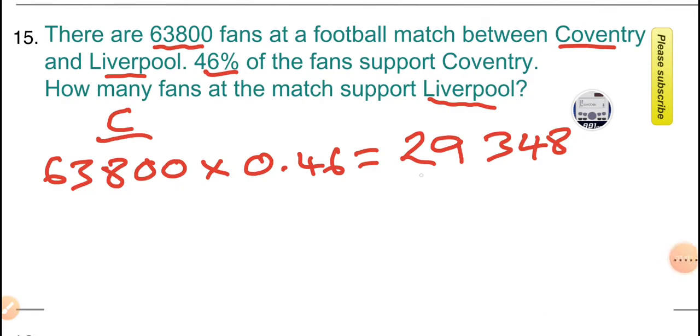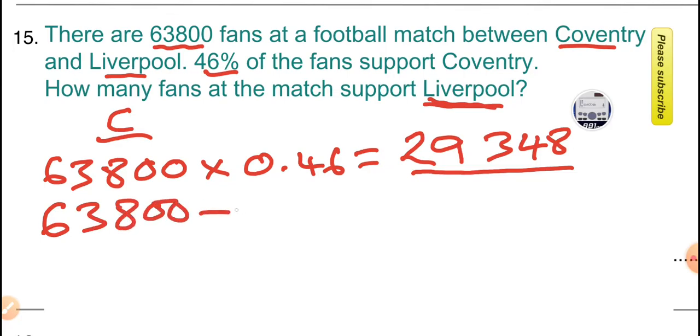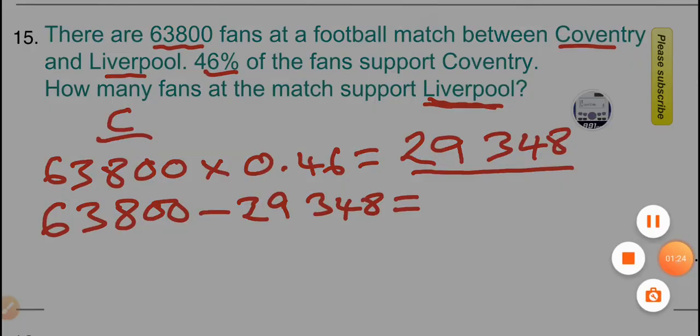So now that we know that 29,348 fans support Coventry, we can work out how many supported Liverpool by doing 63,800 take away 29,348 on your calculator.